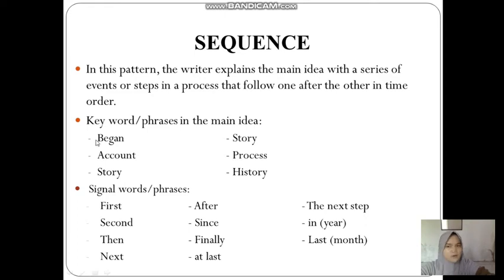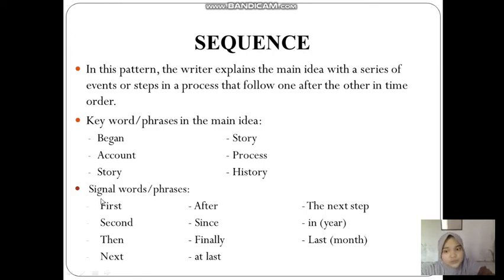So, how can we know the paragraph using sequence pattern? Same with listing pattern, we can identify the keyword in the main idea, such as begin, account, story, process, and history.